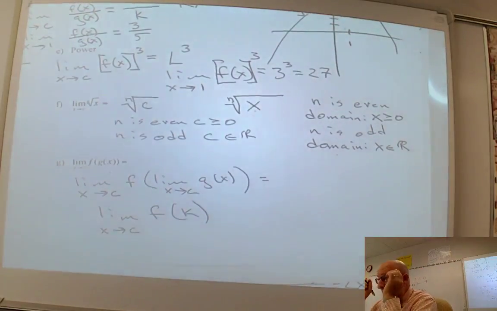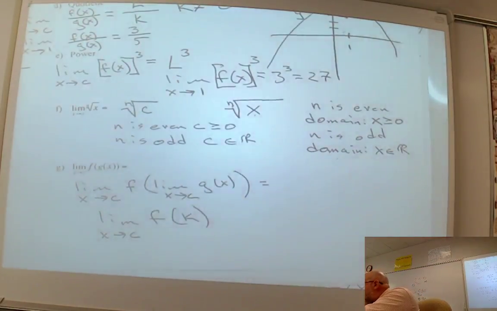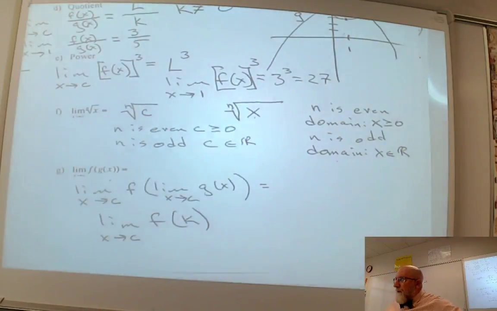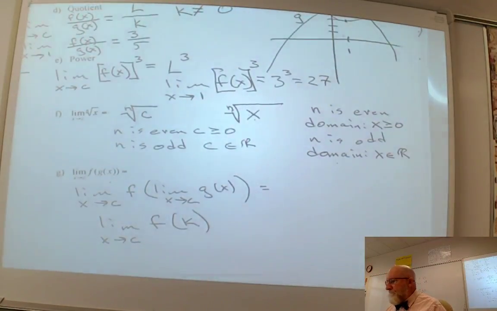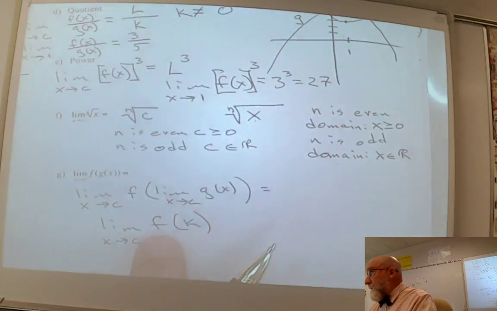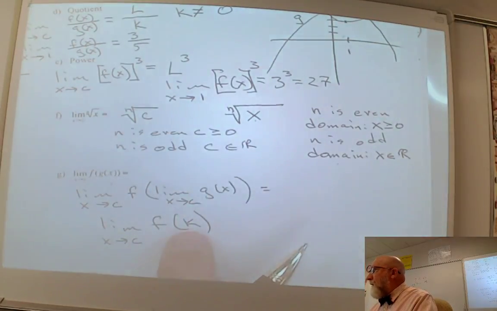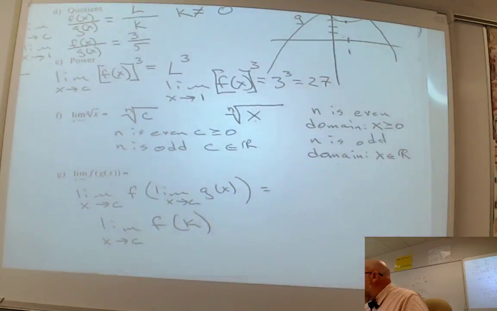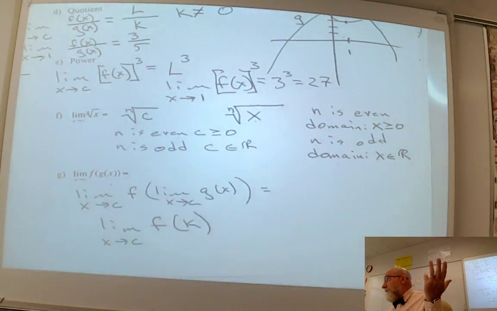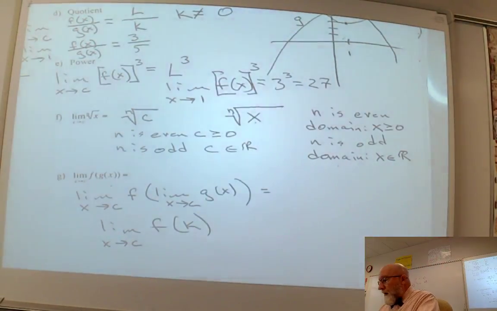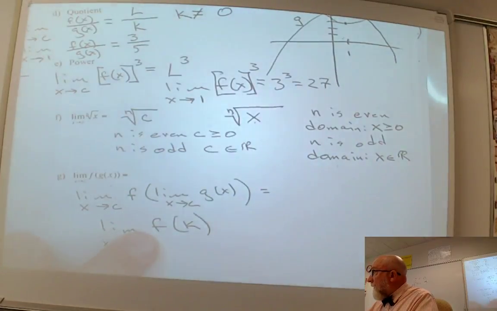Alrighty. You okay with that? Okay, now I'm going to ask you a question. This is a function, correct? When I plug k in there, which is a constant, some number, 3, okay? I am going to get one number, right?